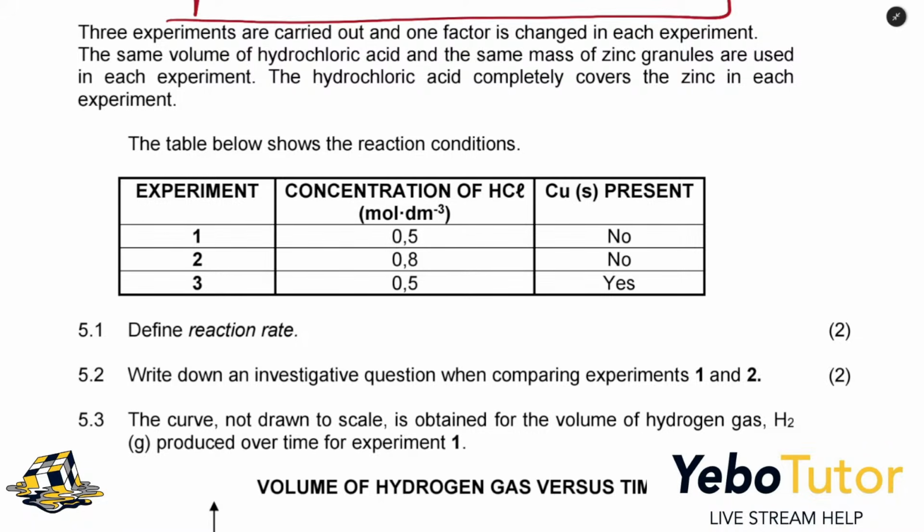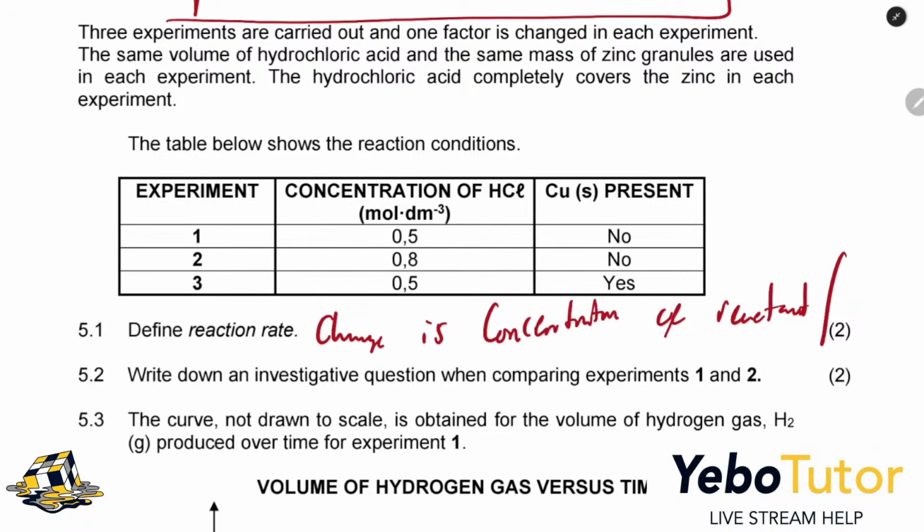Now define the term reaction rate. Reaction rate is the change in the concentration of reactant, or you can say the product, and of course per unit time. Easy stuff.